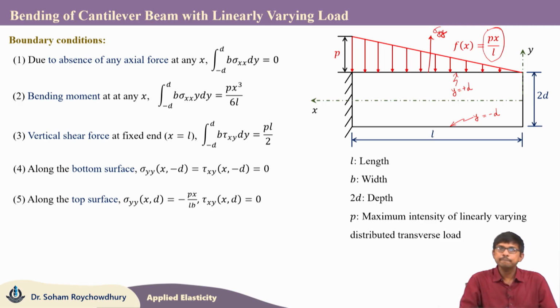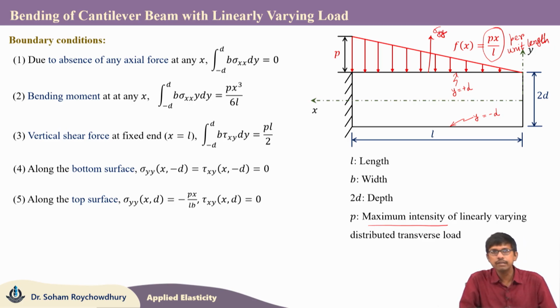Now, once again p x by L is the maximum load intensity for this linearly varying load, so this is defined per unit length. Hence, if you divide this by b, we will get the equivalent stress quantity, the force per unit area.